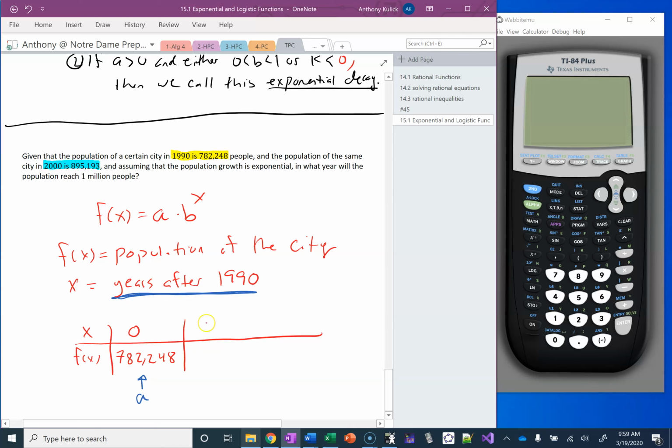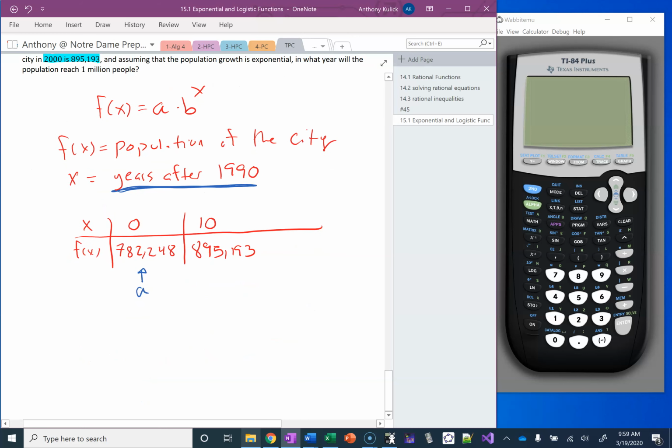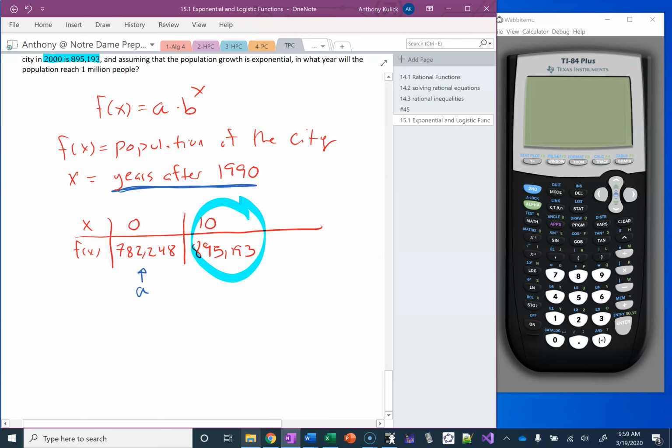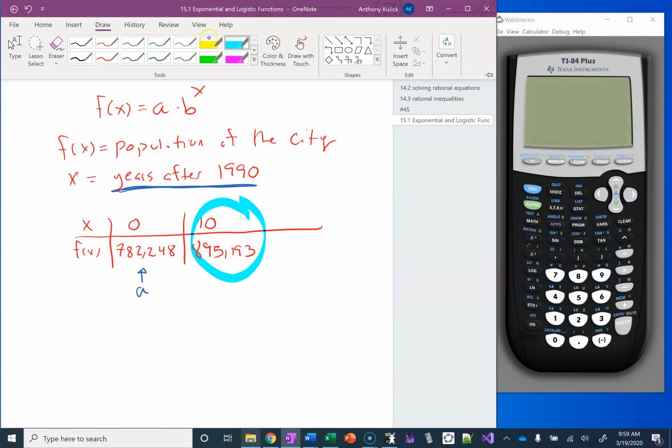Now if I look at the blue information, 2000 is 10 years after 1990, and then my population is just 895,193. So I'm going to use this point to solve for b, because that's the piece that I still am missing.